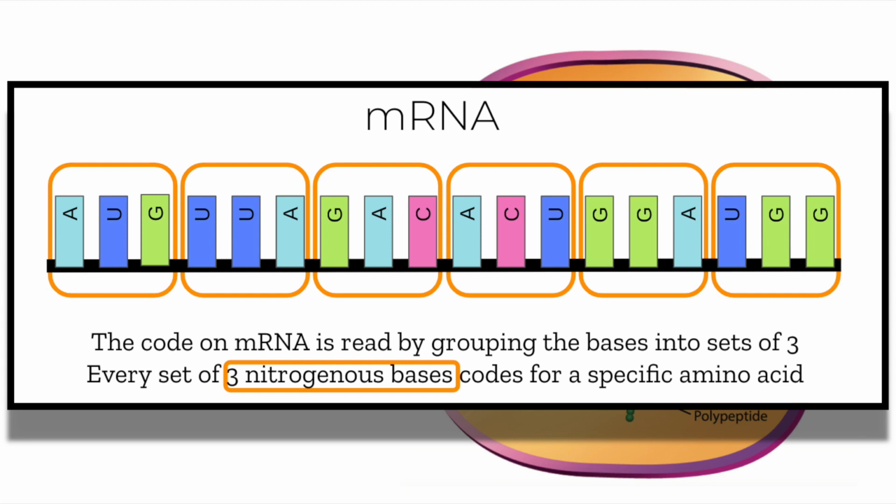That code on the messenger RNA is called a codon. So we have the code, we have the environment, now we just need something that will translate this code into an amino acid and take that amino acid and transfer it onto another amino acid and another amino acid, etc.